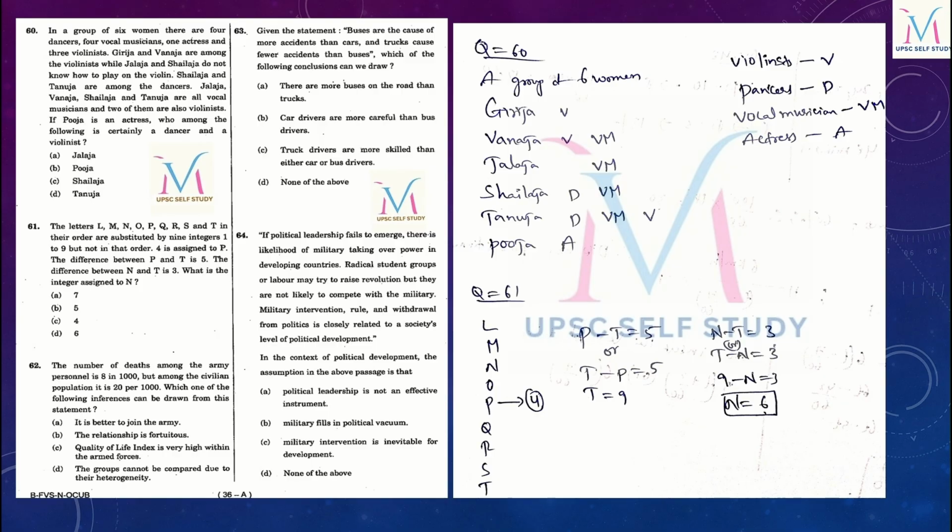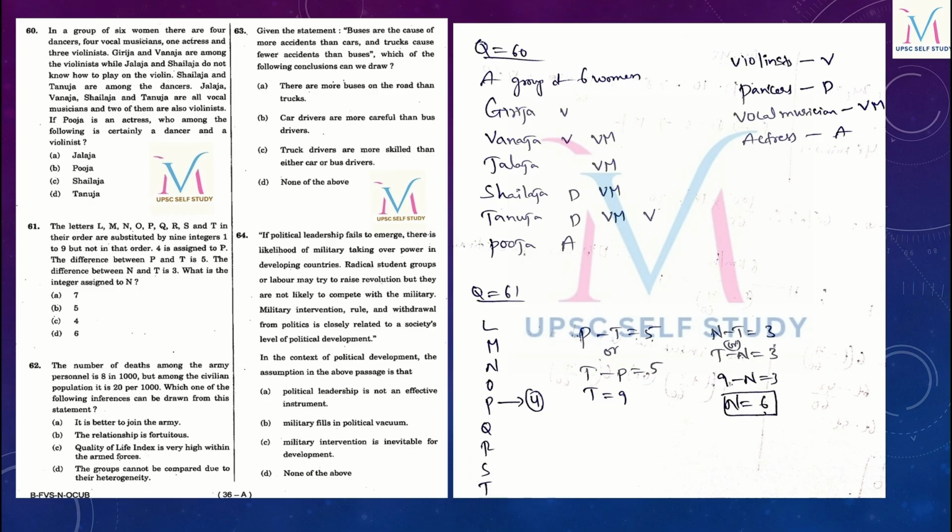With this reason it is saying better to join the army. No. The relation is fortuitous. No. The quality of life index is very high within the army, it is saying. That is also no. The groups cannot be compared due to their heterogeneity.